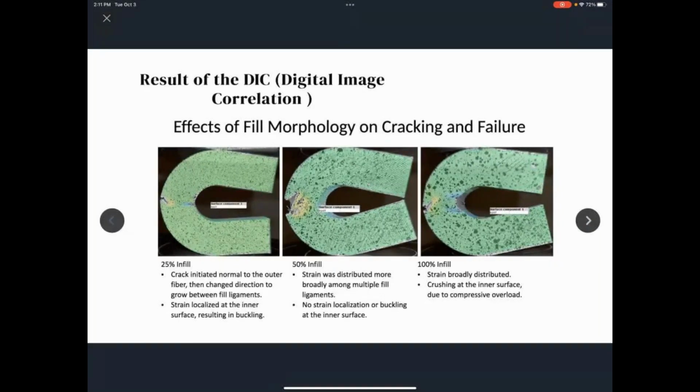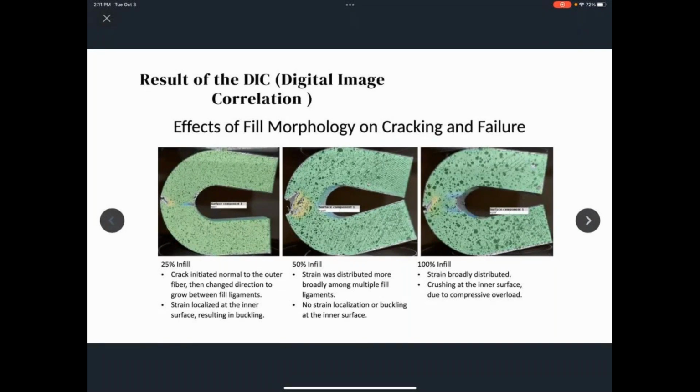Additionally, the strain localized at the inner surface, resulting in buckling, while in the 50 percent the strain was distributed more broadly among the multiple fill ligaments. Additionally, no strain localization or buckling at the inner surface happened, which was different from the 25 percent infill.